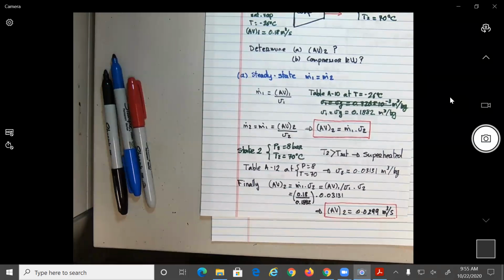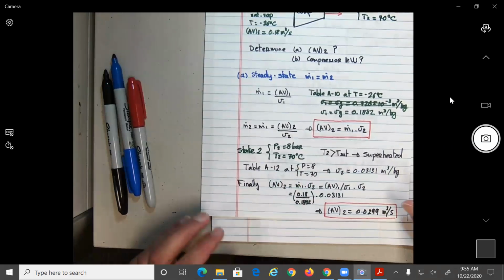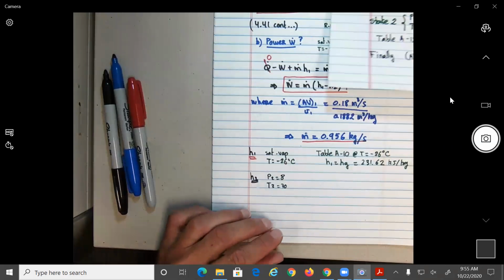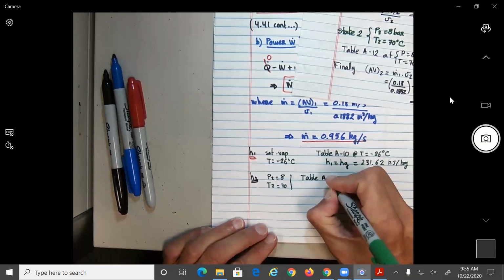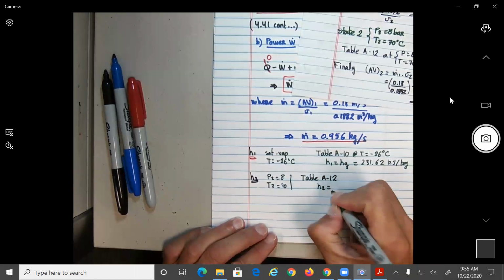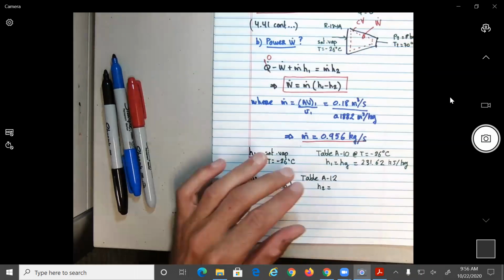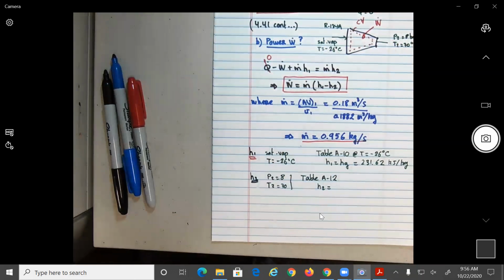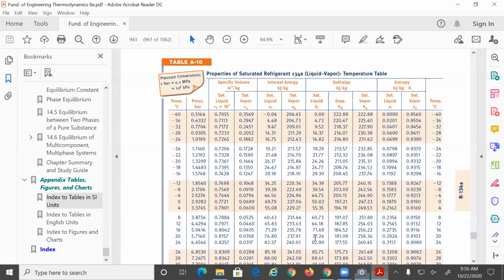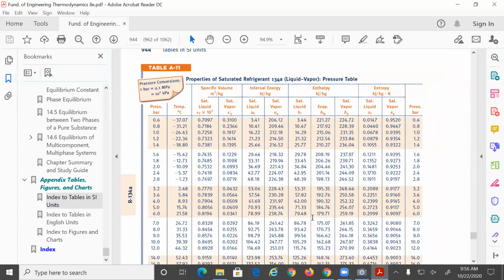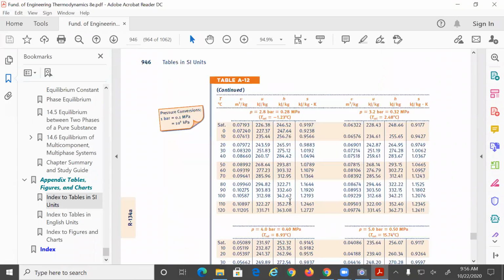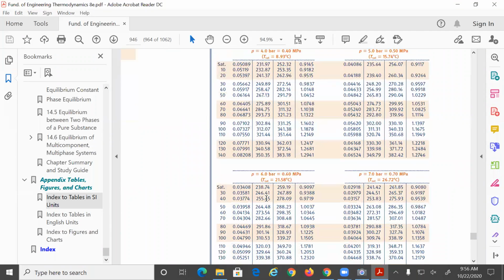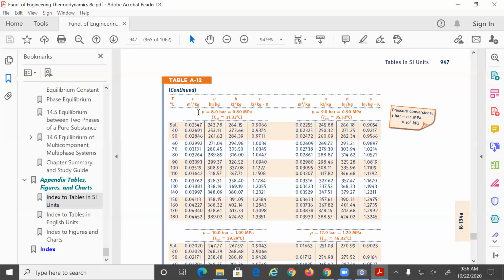What do we have? You see that here it's superheated, so we needed to go to table 812. All right, so we go to table 812. Again, H2 will be equal to, over here, 812 at 8 bars, and the temperature of 70.